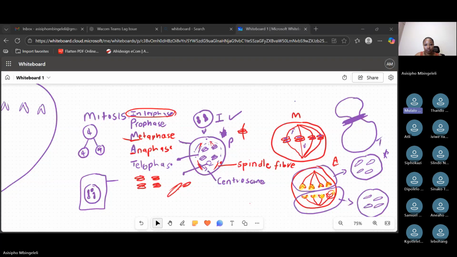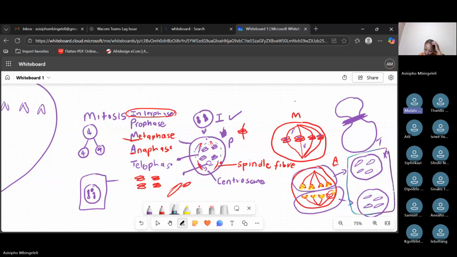Can I answer? Okay, that's fine. The difference is that on the last one, it's replicated. So the last one you mean telophase over here? Yeah, it's replicated.